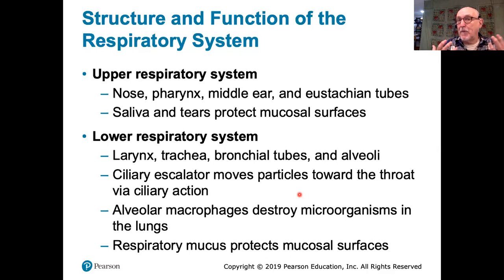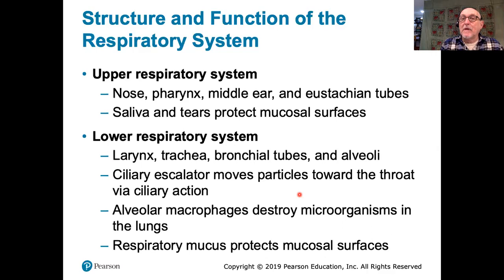Throughout the upper part of the respiratory tract, you will find a very rich and very varied microbiota, which in itself is protective of the upper respiratory tract. It's a normal part of the structure of the respiratory tract.